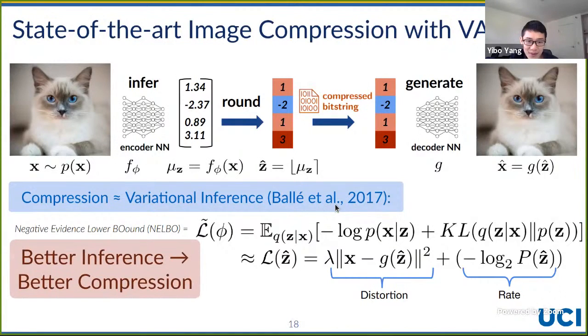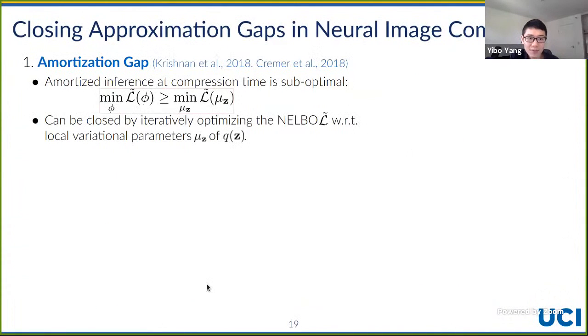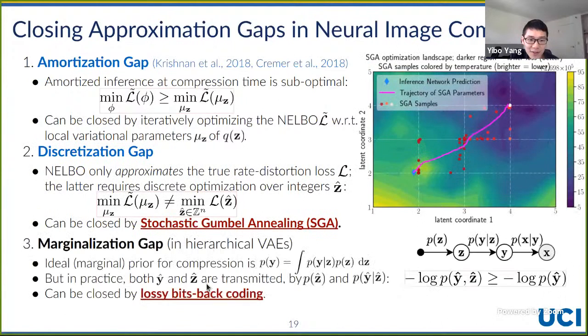So this immediately leads us to the conclusion that if we can approximate the posterior, or do the encoding, better, then we should be able to achieve better compression performance. In this work, we actually proposed a bunch of stuff, but I'll keep it basic and focus on the first two aspects.